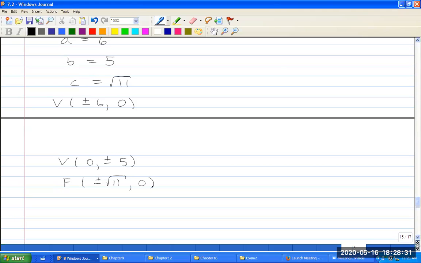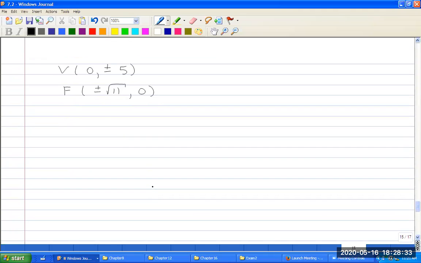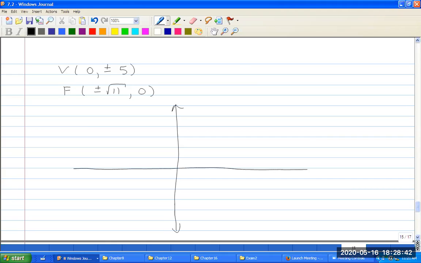Now let's try to draw this. In your drawing, you won't actually use the fact that the focus is at these points, but you really look just at the center and the a and b, the vertices. So the center is at the origin.